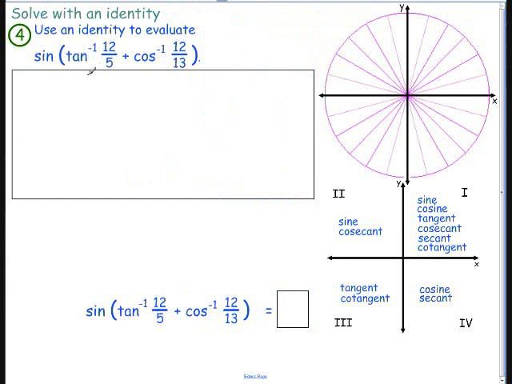Use an identity to evaluate this one. And what have we got here? We've got two angles being added together. Arctan 12/5.